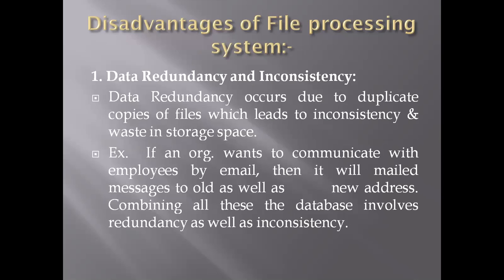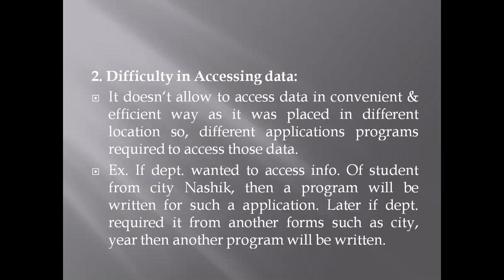Inconsistency means that, for example, when we fire a query, it does not give accurate information. For example, if you want to communicate with an employee by email, the email message goes to the old as well as the new address. Combining all these, the database involves redundancy as well as inconsistency.